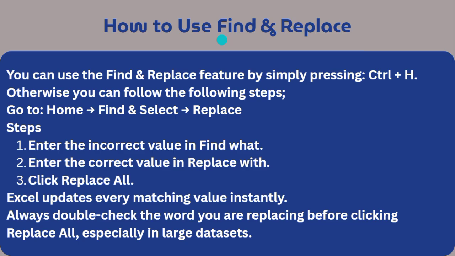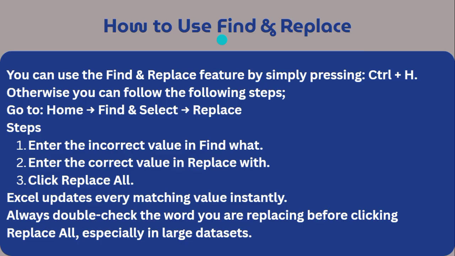So how do we use Find and Replace? You can use it by simply pressing Ctrl H. When you press Ctrl H, the Find and Replace feature comes up and then you use it. If you forget the shortcut, you can go to your Home tab, then Find and Select, or Replace. Then the steps are: you enter the incorrect value in Find what.